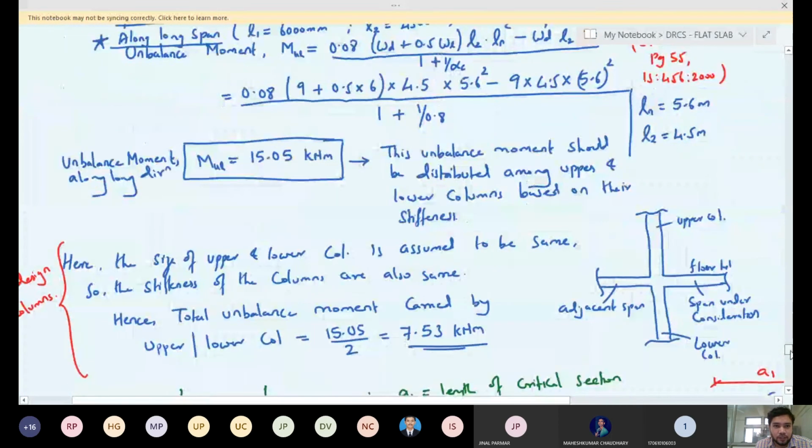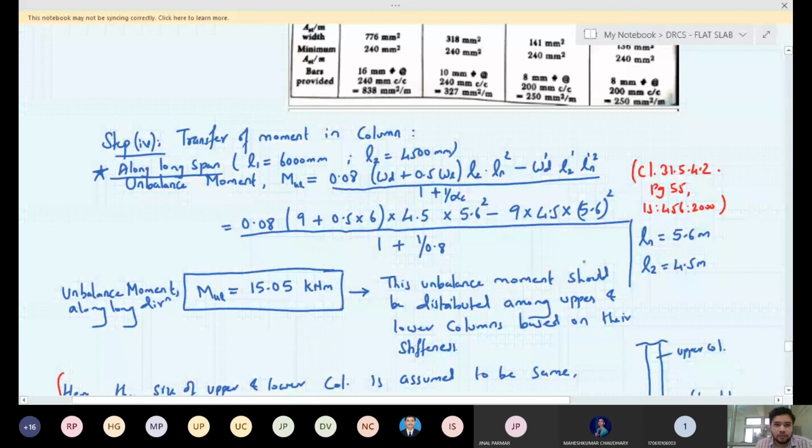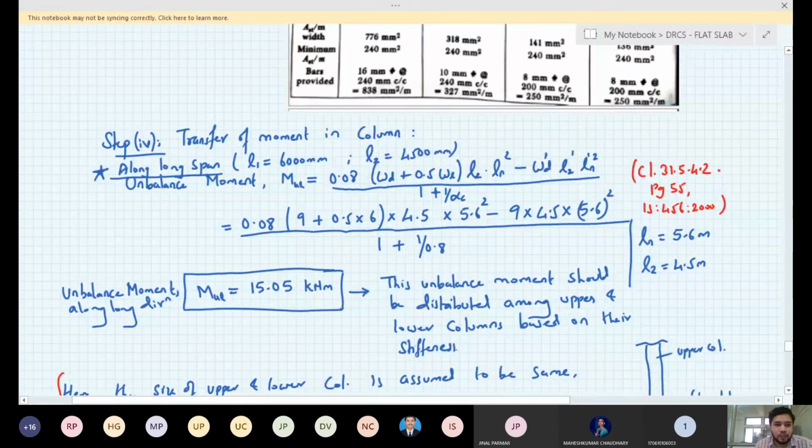So today we found the transfer of moment in the columns. So we find out the unbalanced moment along the long direction using the formula given in clause 31.5.2 of IS 456. So along the long direction, this unbalanced moment comes out to be 15.05 kilonewton meter.